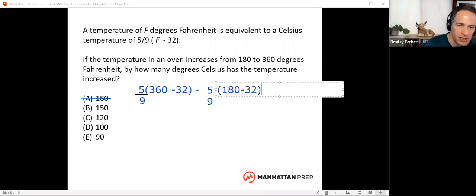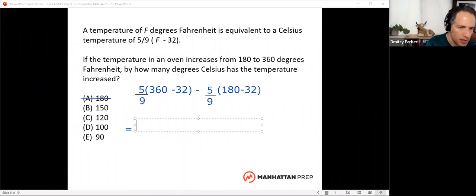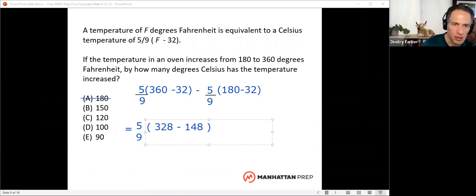And when I have to find the same fraction of two numbers, I can undistribute that number, can't I? So I'm much better off saying, before I take 5/9, let me pull that out and do the 360 minus 32. So 360 minus 30 is 330, so that's 328. And 180 minus 30 is 150, so that's going to be 148. Okay, that's a little better.